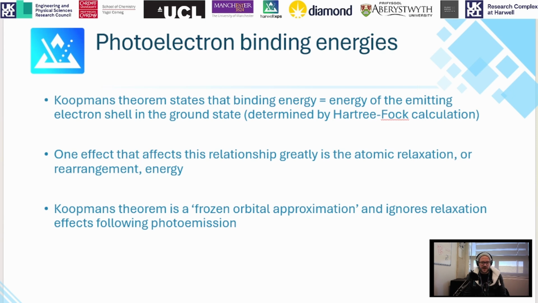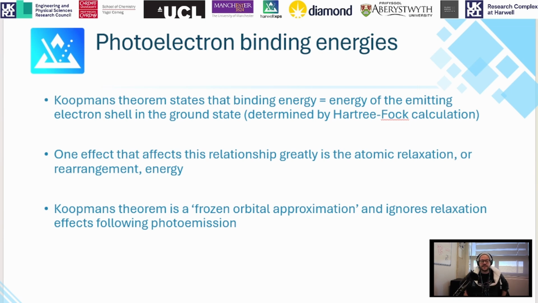And the energy penalties and processes involved in that rearrangement are called the relaxation energies, and this will ultimately affect the binding energies that we see in XPS. Because those photoelectrons, once they're emitted, the kinetic energies are going to be influenced by these rearrangement energies.